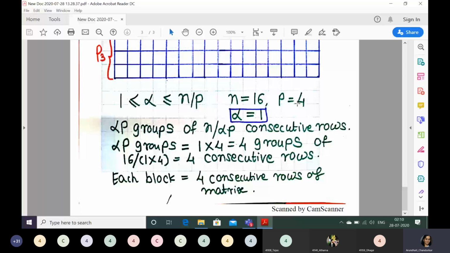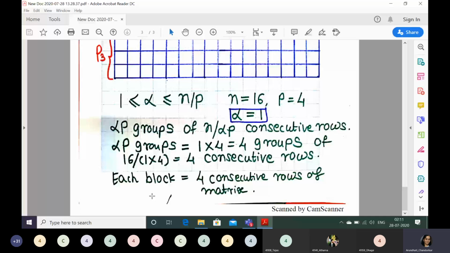So please go through this mathematics. What I got is each block equal to 4 consecutive rows of the matrix. So just go on allocating P0, P1, P2, P3. P0 gets the first 4 rows, P1 the next 4, P2 the next 4, and P3 the last 4, that is the end of the matrix.